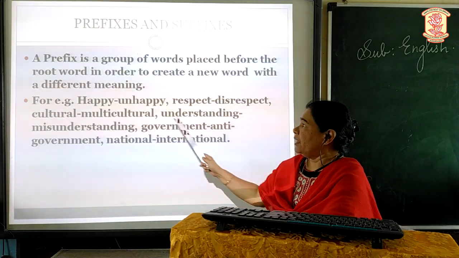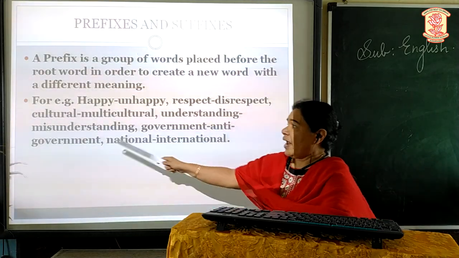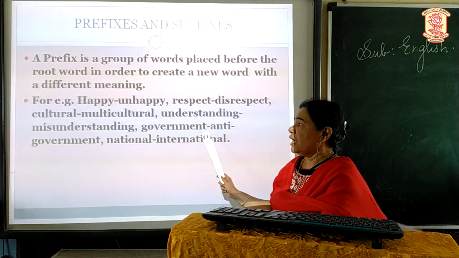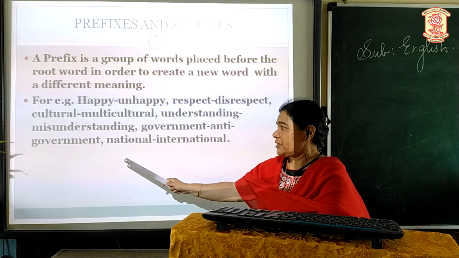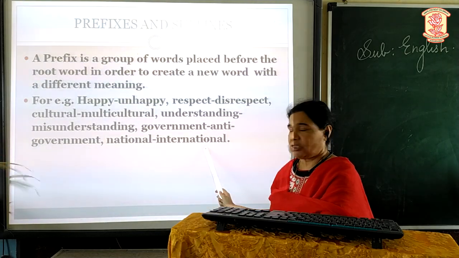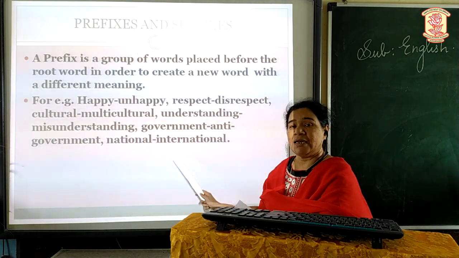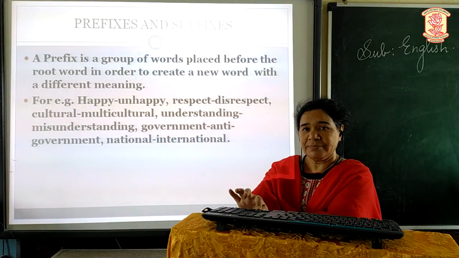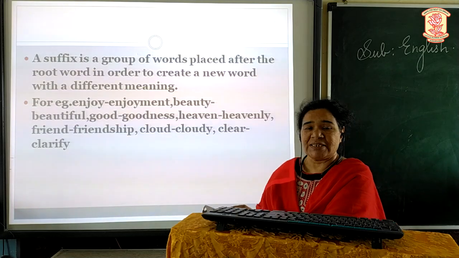See another example, understanding. You add mis. Mis is the prefix here. Then government, anti-government; national, international. Here inter is the prefix. It's clear, children? So shall we proceed? Now suffix.